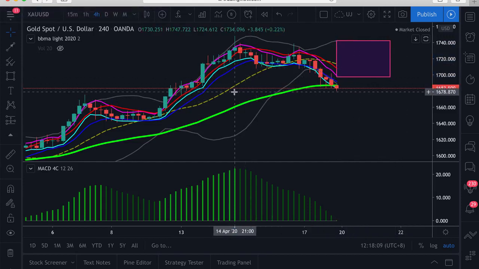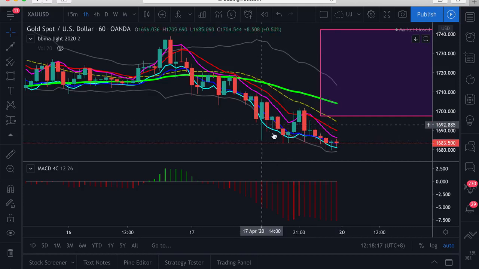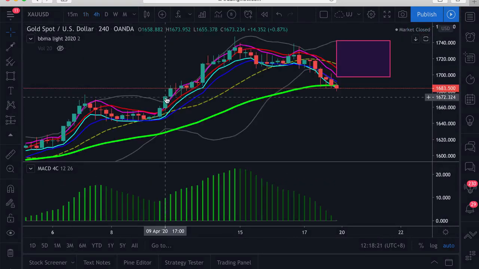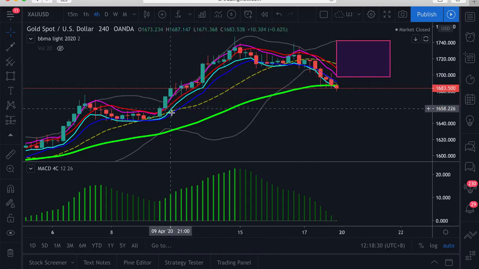Okay, so that will be our sell zone for gold on H4. We don't have to look at H1 because there's already a CSM sell, but as you can see, there's already CSM sell here. So gold instant sell on the H4 sell zone.